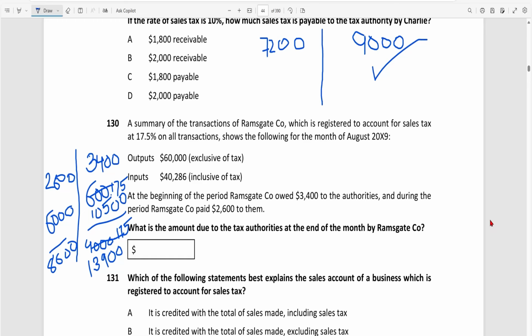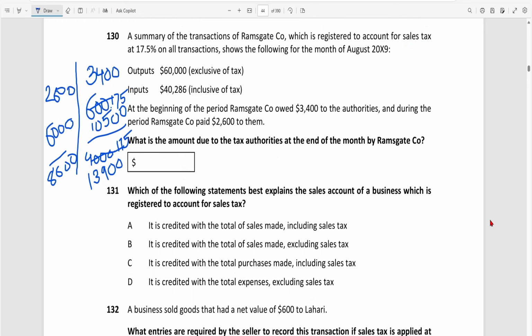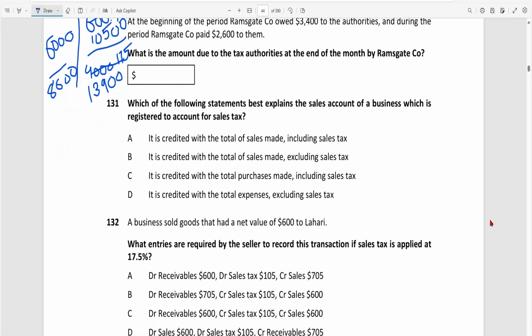Okay, so moving to the next question, 131. The question says: which of the following statements best explains the sales account of a business which is registered to account for sales tax? The first option says it is credited with the total of the sales made including the sales tax.